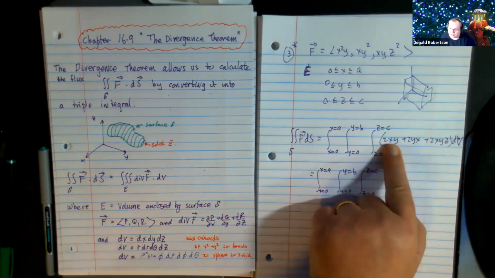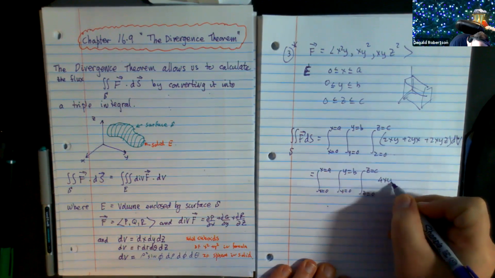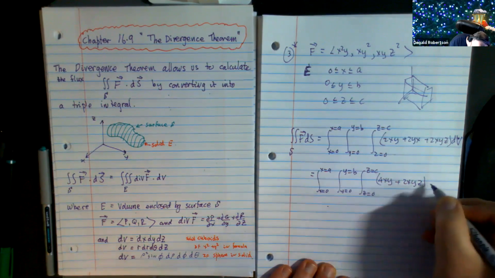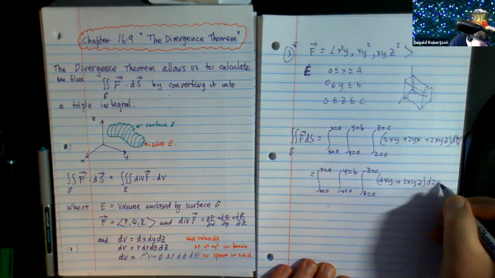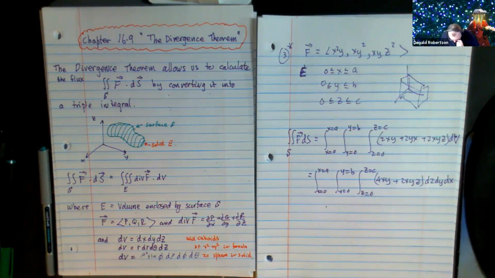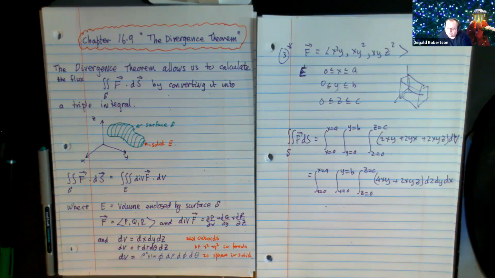These actually are the same guy, so what I've really got is 4xy plus 2xyz, and I'm doing a z, a y, and an x again, that's the order. And that would work. I could do that.